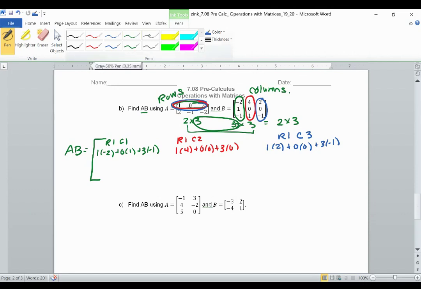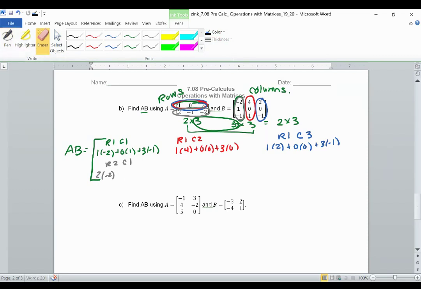Next up, now we're going to do row 2s. So we've got row 2, column 1. So we've got 2 times negative 2, negative 1 times 0, negative 2. Oops, I think that's why I like to use my fingers there.